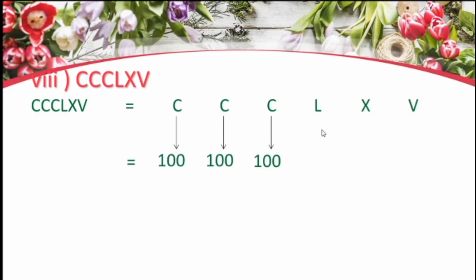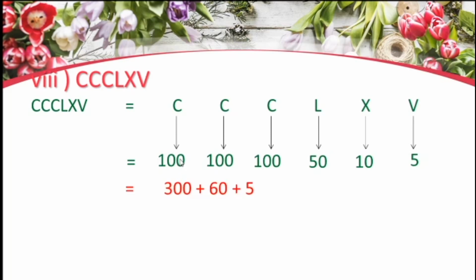Next, CCCLXV. So C value is 100, L value is 50, X value is 10, V value is 5. Here we want to add all the numbers.